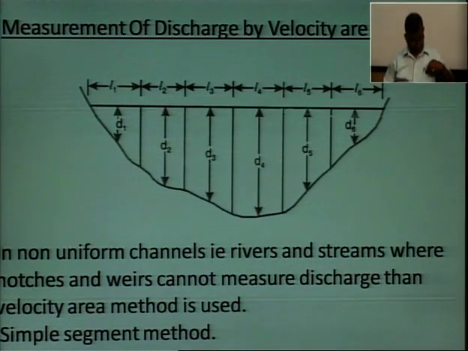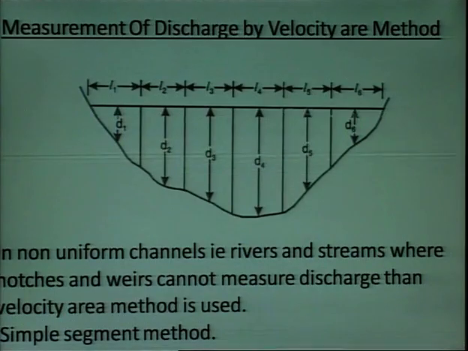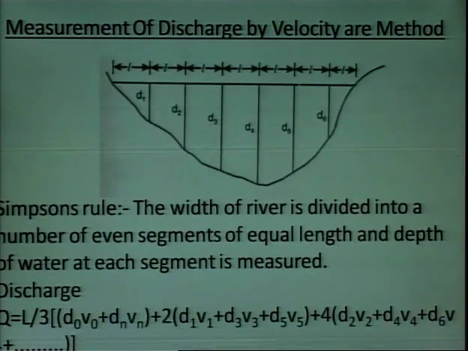In the simple segment method, the total discharge is equal to L1 D1 V1 of the first segment, then second segment, third segment, fourth segment, fifth segment and the sixth segment. So the total discharge would be L1 D1 V1 plus L2 D2 V2 plus L3 D3 V3.